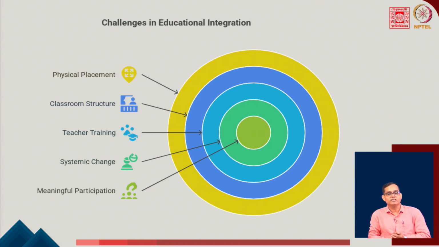This is not sufficient for meeting the learning needs of children with disabilities. As far as class structure is concerned, the classroom structure has been designed for the learning needs of non-disabled children. So, these classrooms need to be modified for the needs of diverse learners.